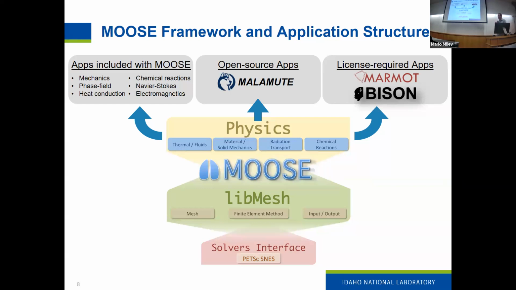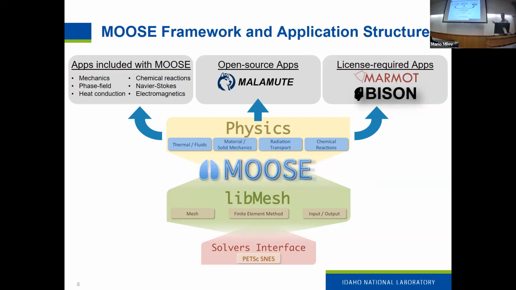And then finally, we have applications that a license is required for. Those are things where we have a lot of nuclear specific material properties and things built in, where we wouldn't necessarily want to release that to the whole internet for anyone to use. Those applications, such as Marmot and Bison, have a lot of nuclear specific capabilities.